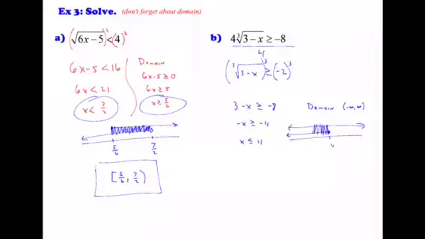So where do they intersect? What do they share in common? All of these values. So your solutions to this are all values that are less than or equal to 11. All right, so pay attention to what that index is as to whether you need to check the domain or not. Okay, and in class I might show you another way that you could possibly look at this as well.